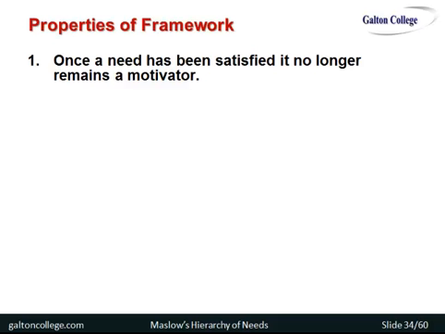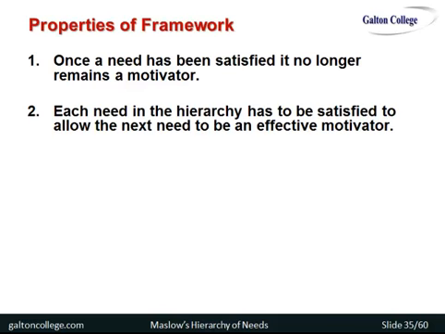So they move to the next level, and that could be the motivator. Eventually they enjoy working there because of the contact they have with their colleagues, and so on. Each need in the hierarchy has to be satisfied to allow the next need to be an effective motivator. So once a need is satisfied, then the next one comes into play. That becomes the next motivator. So the individual moves up to the next need.